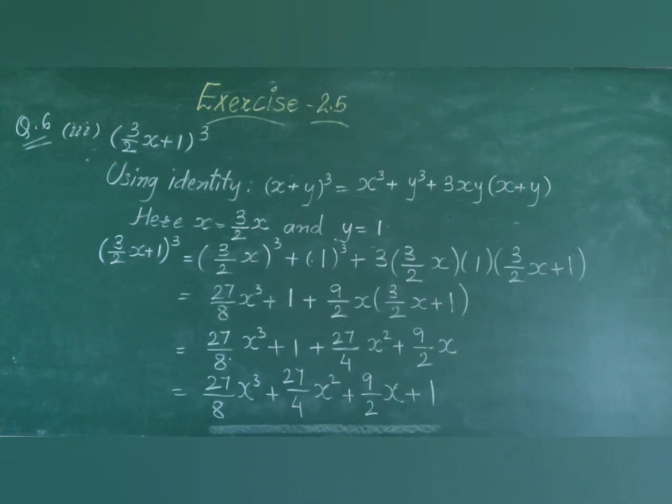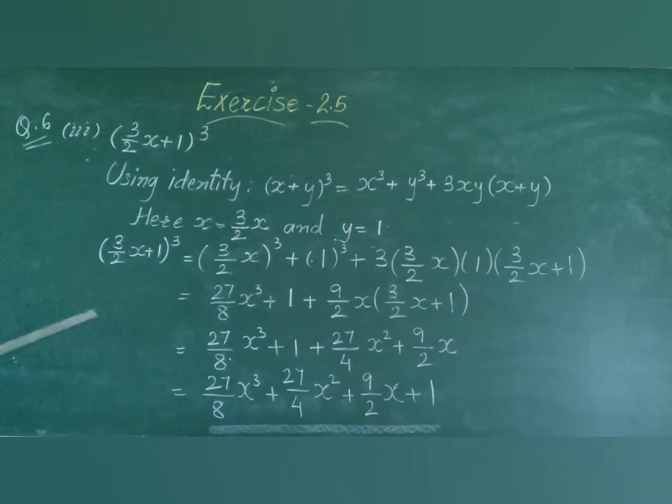Solving further, we will get 27/8x cube, because cube of 3 is 27 and cube of 2 is 8 and cube of x is x cube, plus 1, which is the cube of 1, plus 9/2x into (3/2x + 1).